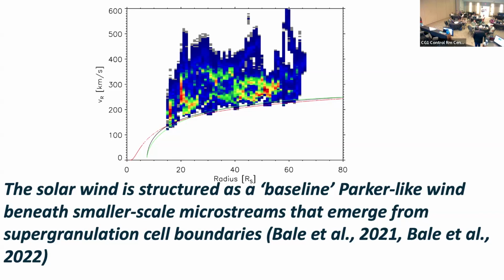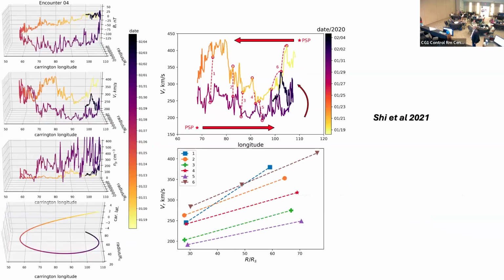Okay, so it looks as though the baseline average solar wind is really a thermal wind a la Parker. But everything else is on top of it, and it needs the extra push of the Alfvén waves, or the switchbacks, as you might call them now.